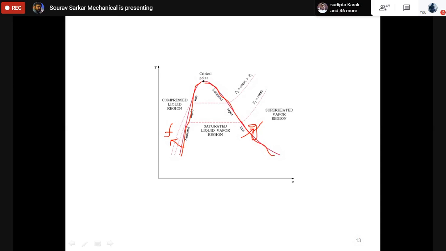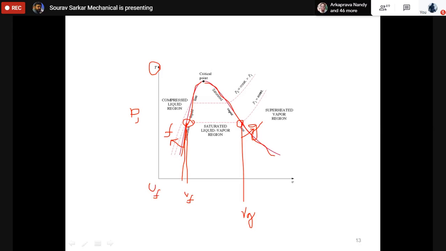So what is the meaning of the table? The table tells what your temperature is, corresponding to that what your pressure is, second column. Then it tells you your specific volume of the liquid, this is VF, and this is VG, this is UG, UF.